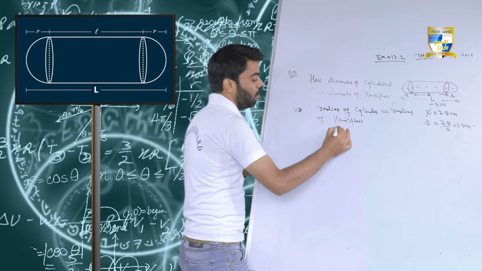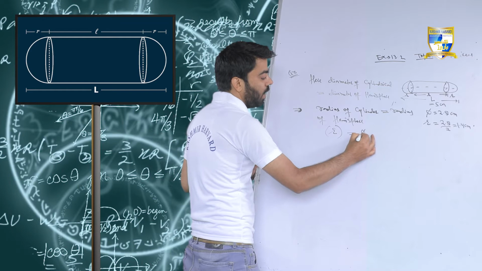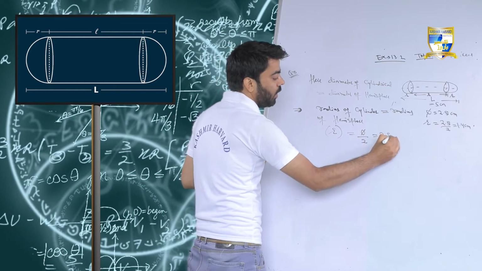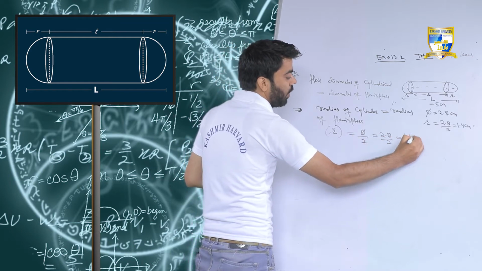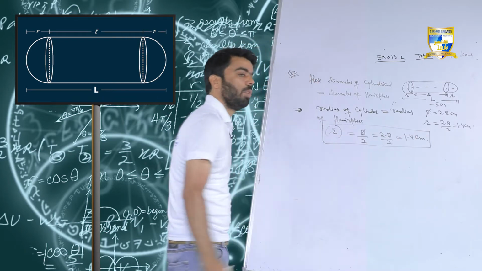So we denote the radius by small r, that's 2.8 divided by 2, that's 1.4 centimeter. So r is equal to 1.4 centimeter.